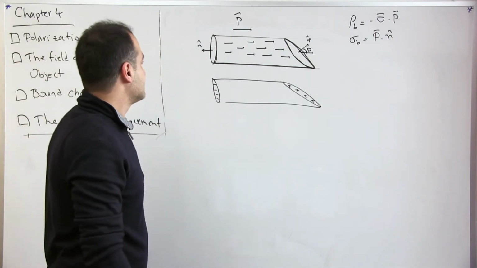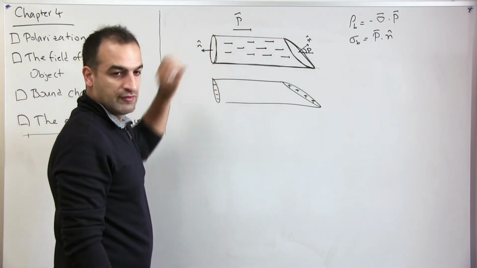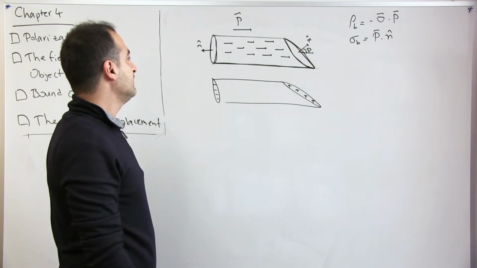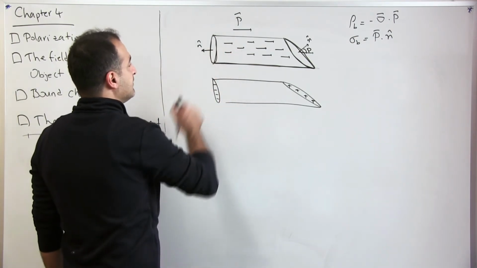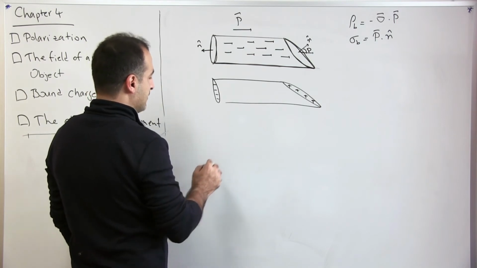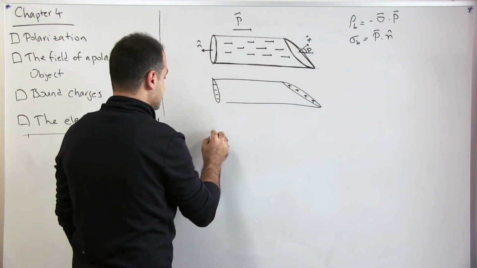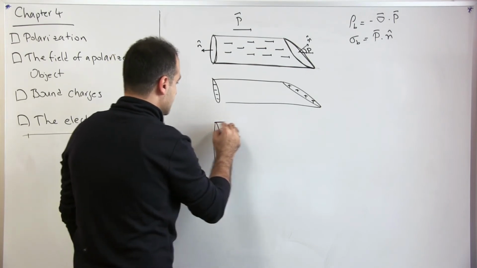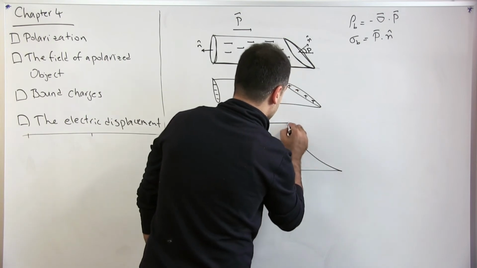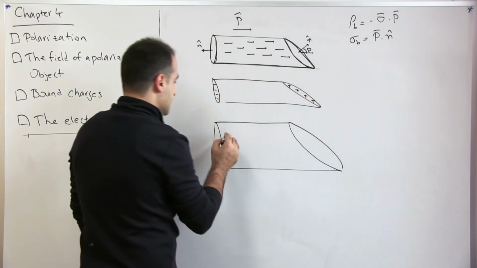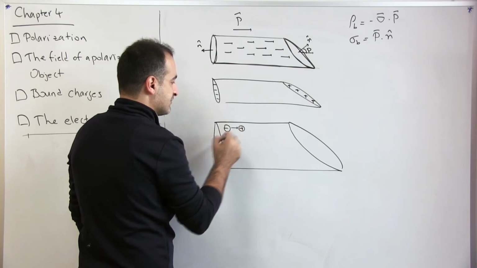For that, let's just consider really positive and negative charges over the whole volume. When we say we have many, many little dipoles, that means we have many small negative and positive charges here. If you look inside the volume, I'm going to reproduce that here, and I want to exaggerate the size of the dipoles for the sake of the argument. So imagine you have a negative charge and a positive charge here, and this is one dipole.